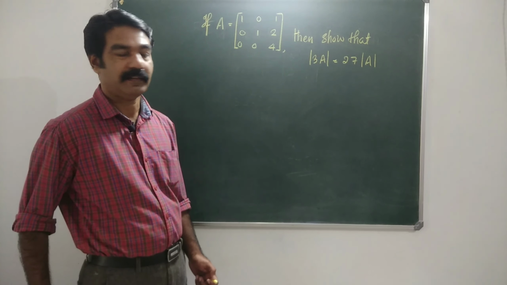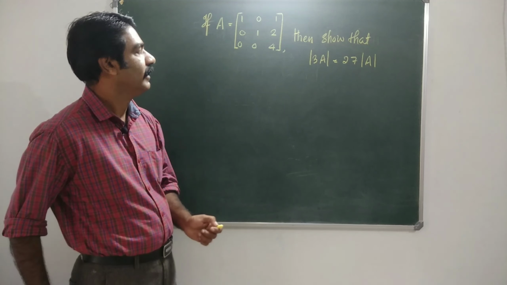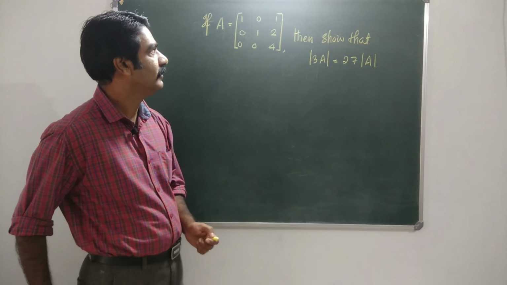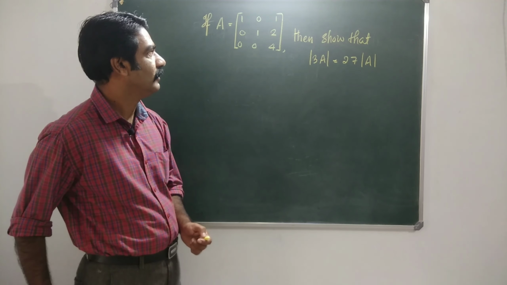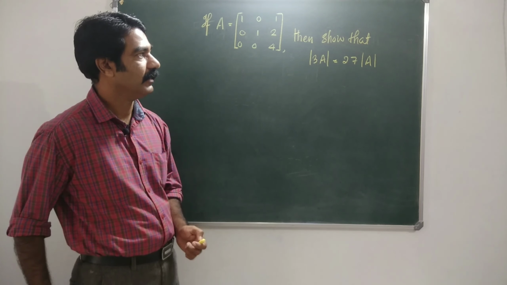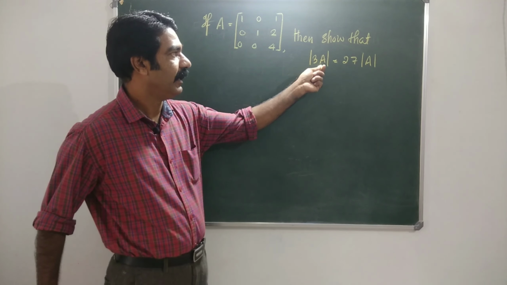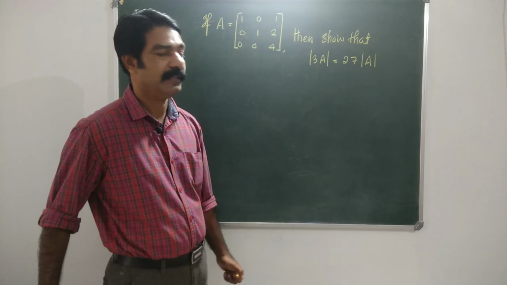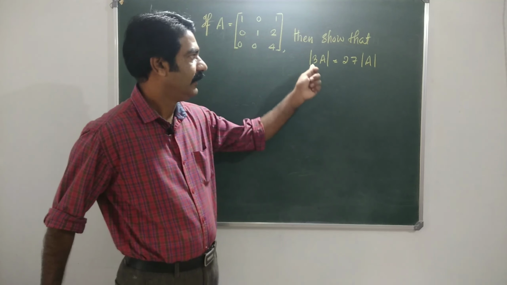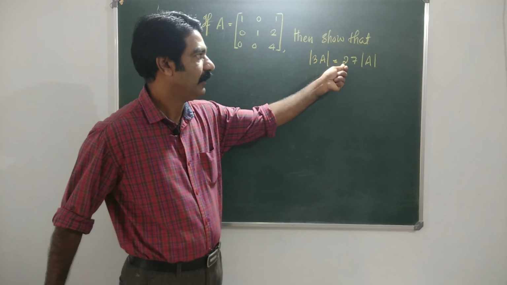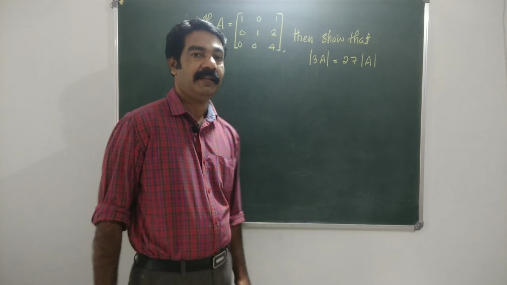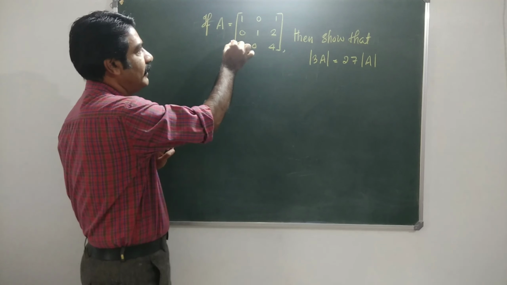Now we can discuss another question. If A is equal to the matrix 1, 0, 1; 0, 1, 2; 0, 0, 4, then show that determinant 3A is equal to 27 into determinant A. Here a matrix A is given.